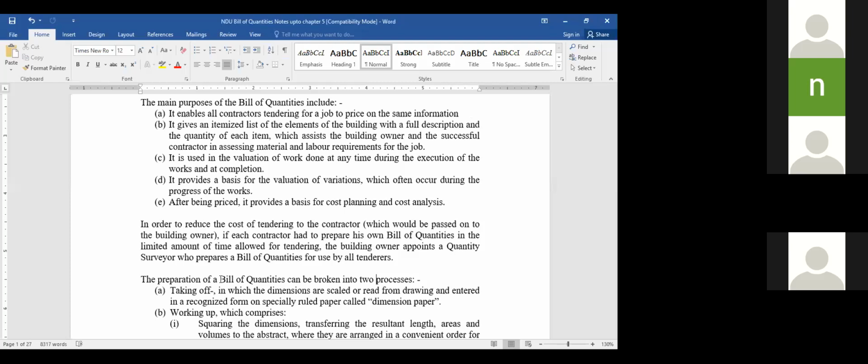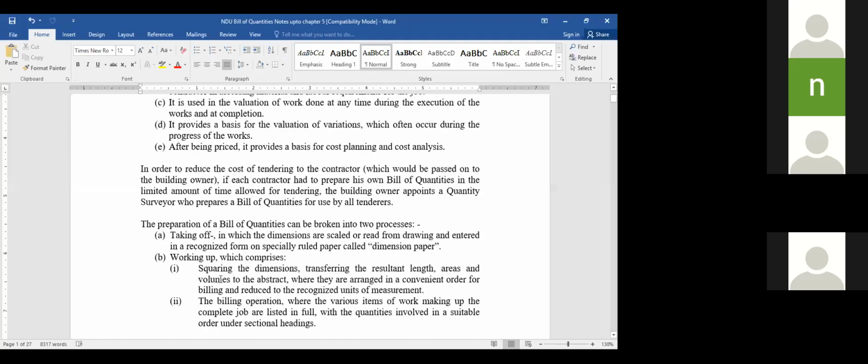It has two main processes. Okay, taking off.